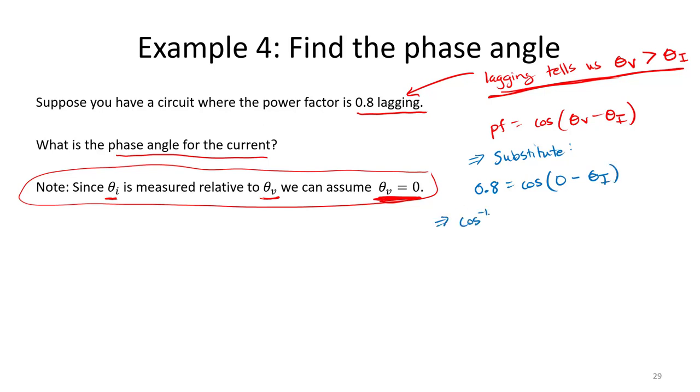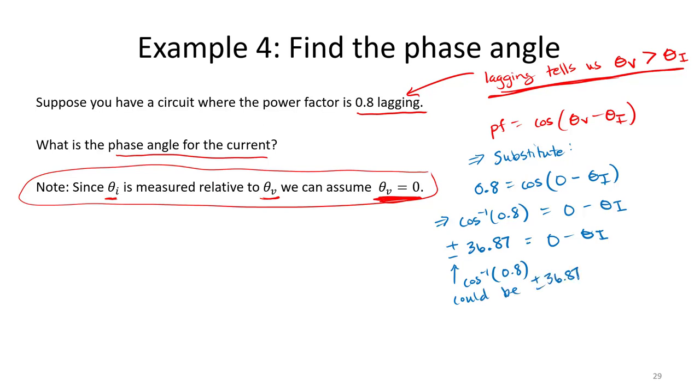So we can say inverse cosine of 0.8 must equal 0 minus theta I. And notice here, inverse cosine of 0.8 could be either positive or negative 36.87, and remember, cosine is an even function.